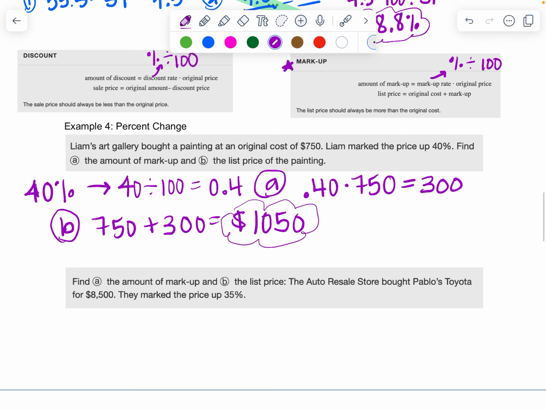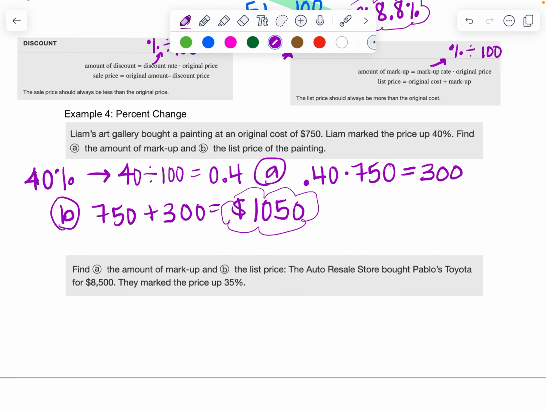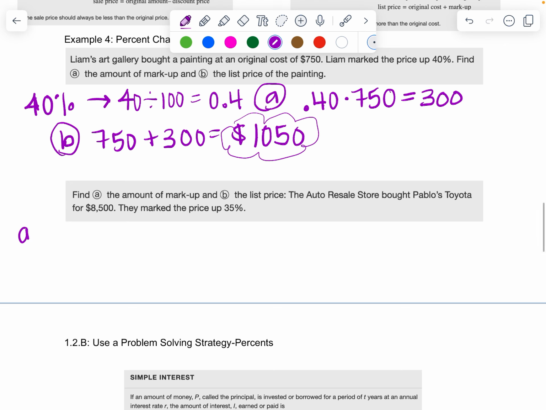Here's another markup. The auto resale store bought Pablo's Toyota for $8,500, and they marked the price up 35%. So we need to do 35 divided by 100 to figure out our markup rate is 0.35.